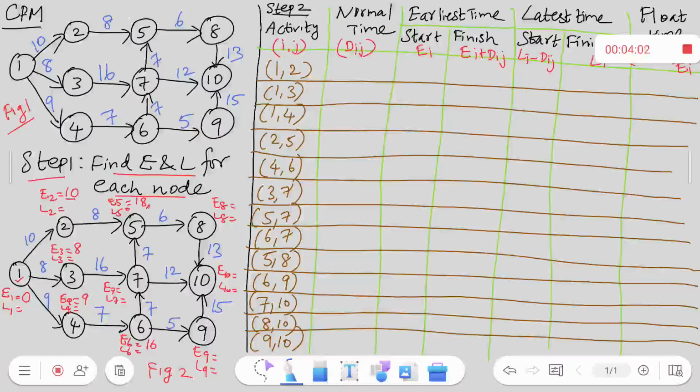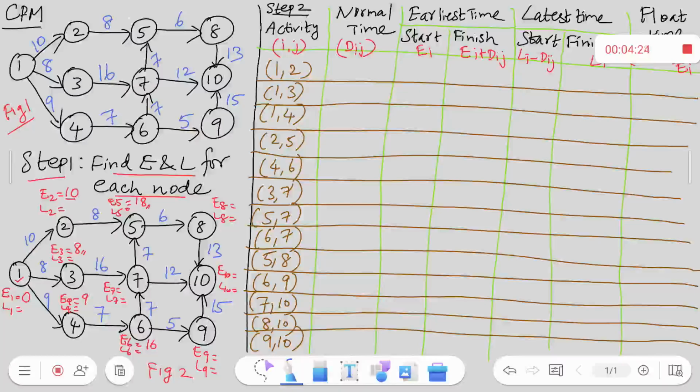Next here, it is 9. Sorry, it is 8 here. So, 8 plus 16 is 24. Here, 18 plus 7 was 25. 8 plus 16 is 24. When you come here, it is 16 plus 7, 23. Of all the three routes, I find the longest route here.